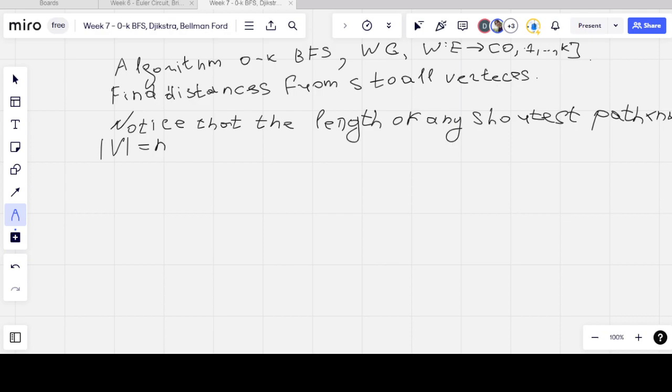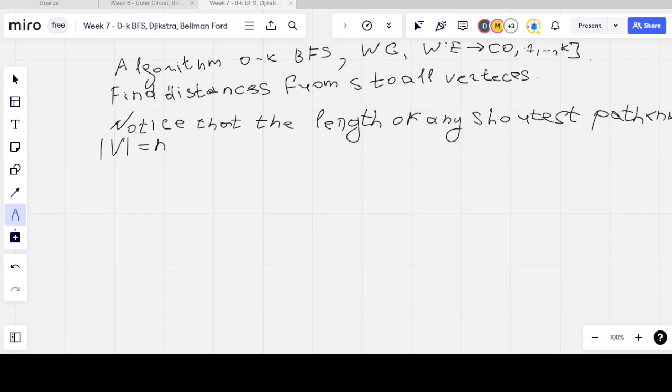We have some graph, and we have paths in this graph, and why is any shortest path in the graph less than nk?